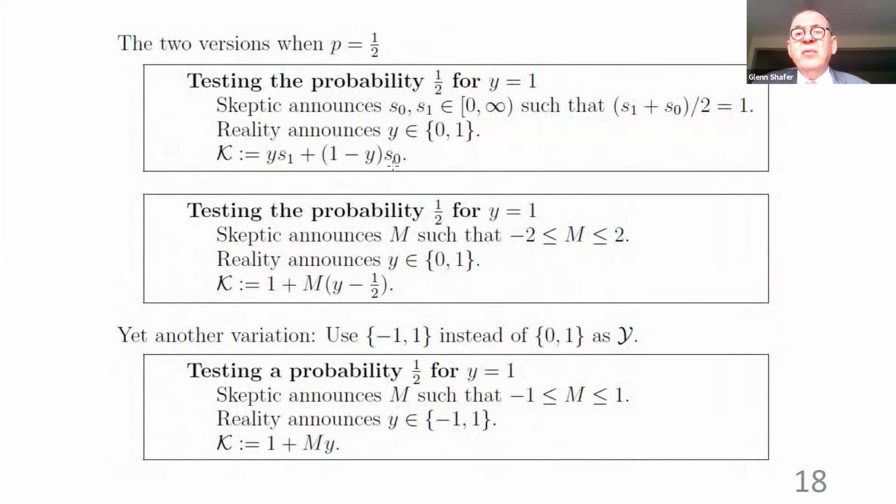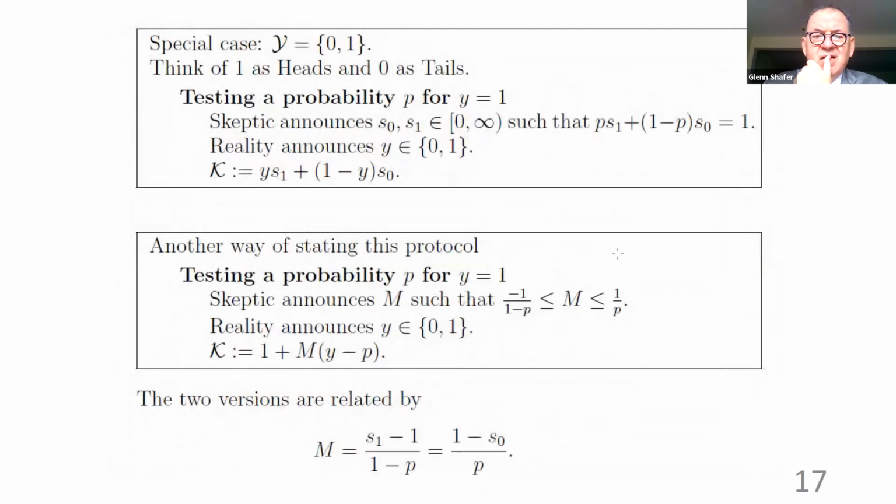That's still the same. Down here, I've rescaled it to make it convenient. I say M is between -2 and 2.